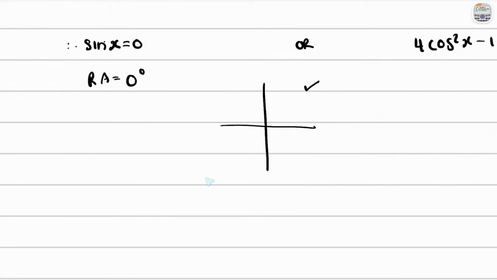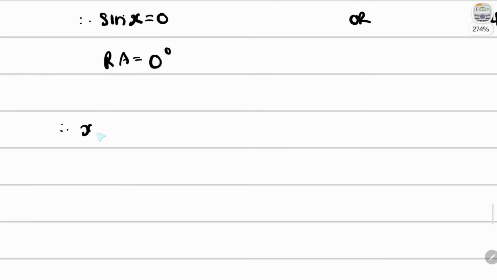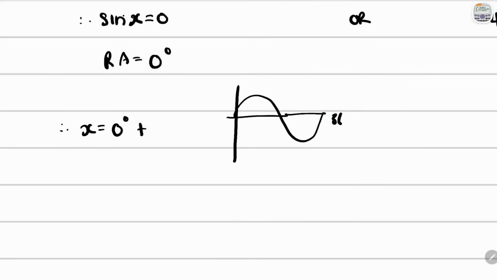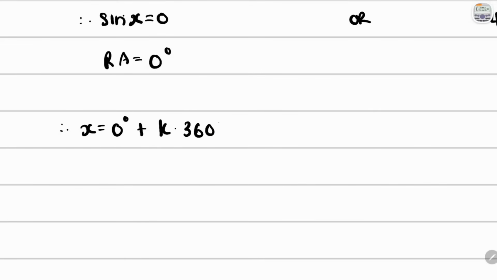And that would be in the first quadrant and in the second quadrant, okay? So that is theta and 180 degrees minus theta. So when we're solving for x here, we'll simply say that x is equal to 0 degrees, then plus, now remember that this is a sine graph, and the sine graph will repeat itself every 360 degrees. So keep going 360 degrees later and even before this. So plus k of 360 degrees.